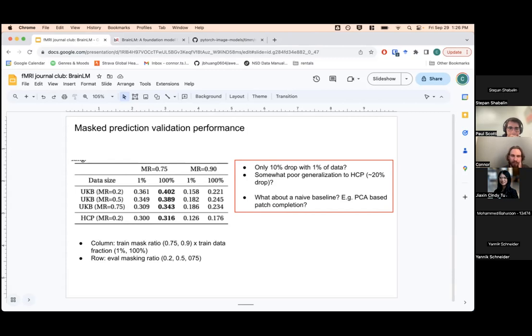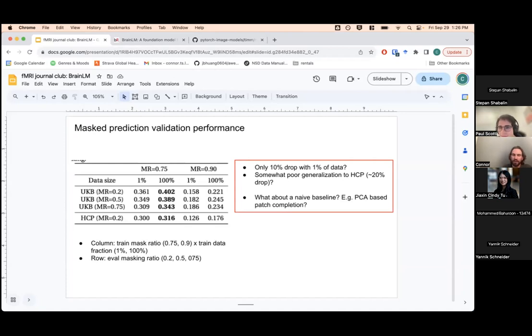First, comparing the masked performance on the two dataset sizes, 1% versus 100%, the drop in performance for 1% of the data is only like a 10% relative drop, 0.36 versus 0.4. That seemed like not a huge drop from losing 99% of the data.